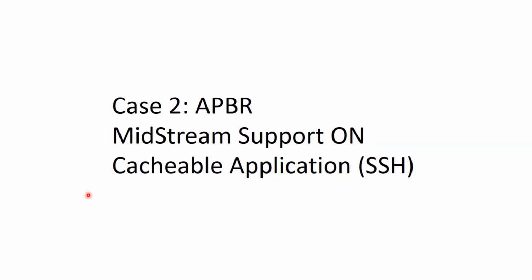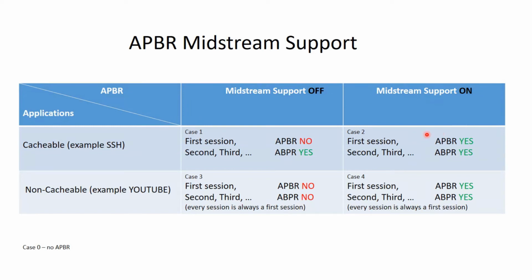Okay, let's do case number 2. APBR deployed, midstream support this time switched on. Again, cacheable application, SSH, that we are going to observe. So we are now in our second quadrant, where we have midstream support on. We are looking at the cacheable application. As an example, we will be observing SSH traffic.